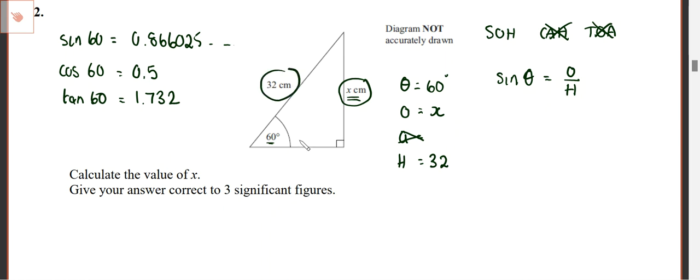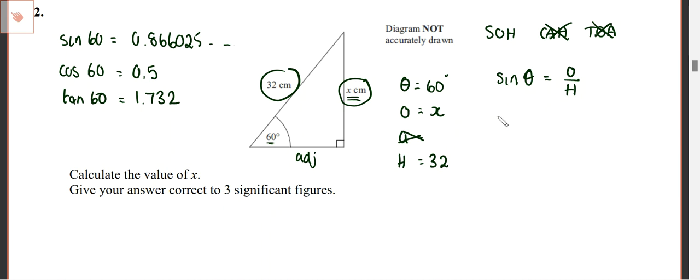This one has got nothing to do with it at the moment. Now, sometimes we get more information than we need. We might know everything, and we've got lots of options. But at the moment, the adjacent side, I don't care about it, and I don't know it. So I've crossed it out, therefore I've crossed those out.